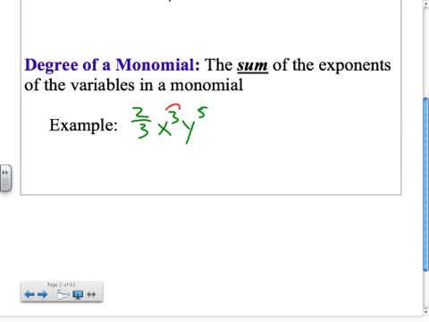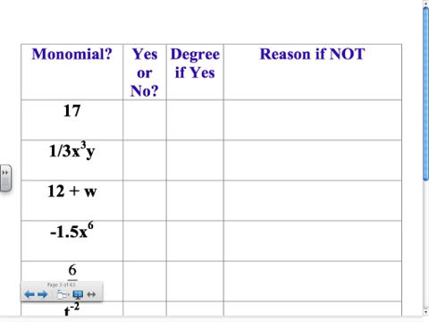This exponent here is 3, that exponent is 5, therefore the degree of that monomial would be 8. It's very simply the sum of the exponents of the variables. Nothing too crazy there, but just some vocabulary to be familiar with.